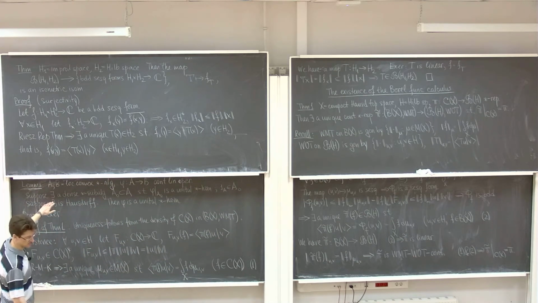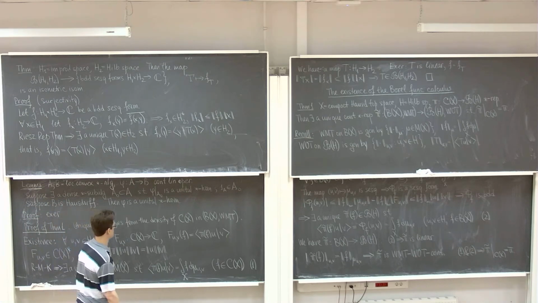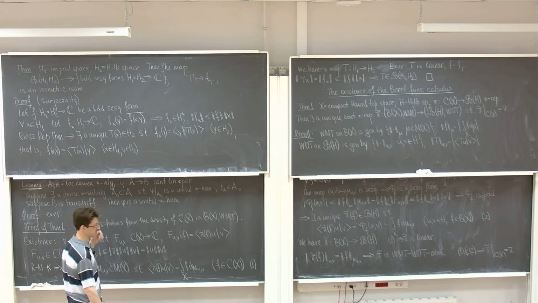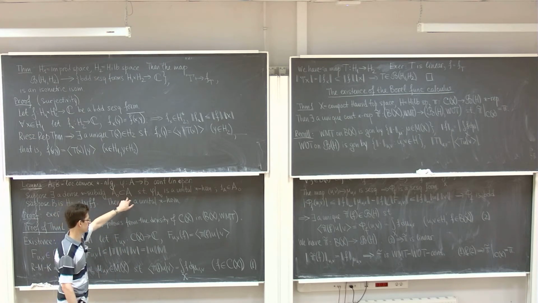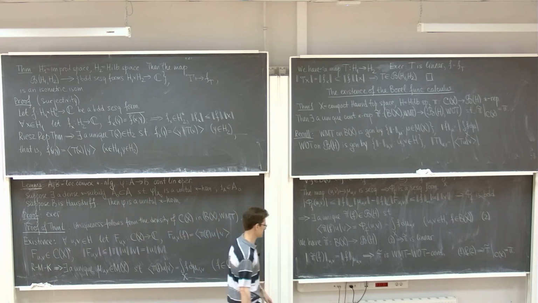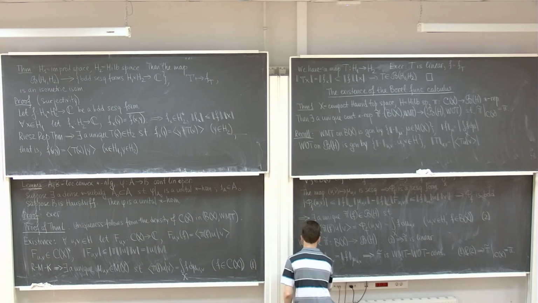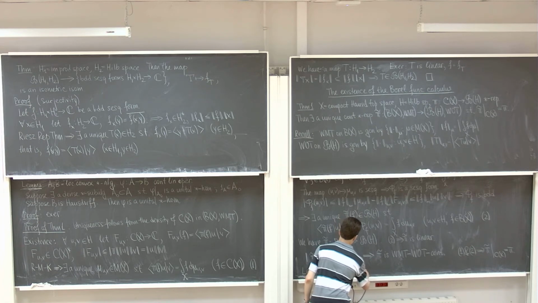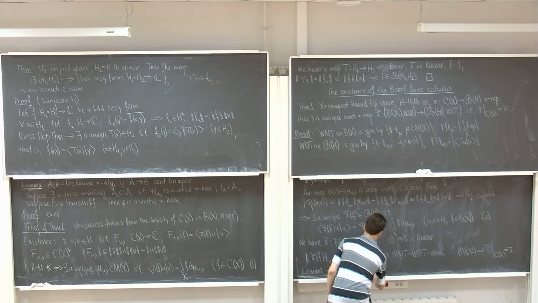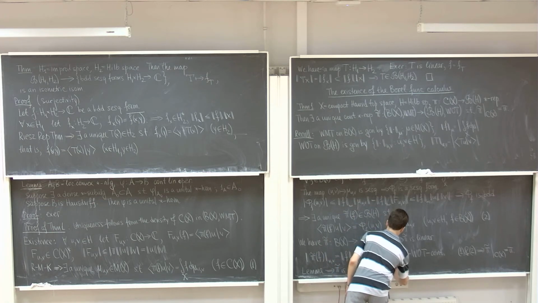So all the conditions of our lemma are satisfied. Pi is a unital star homomorphism on C of X, and C of X is dense in B of X. And so our lemma now implies that pi tilde is a unital star homomorphism. And this completes the proof.